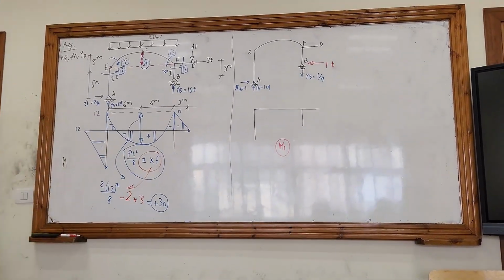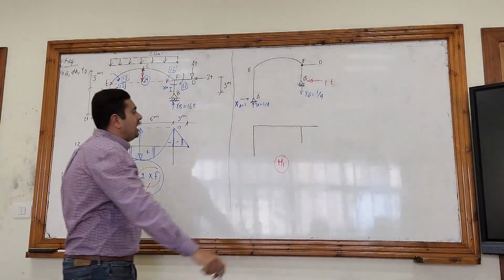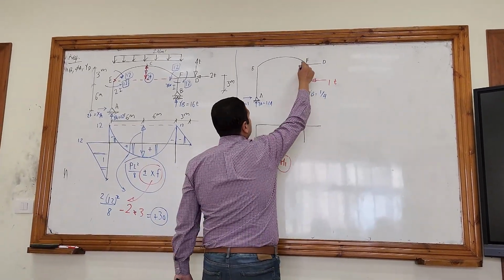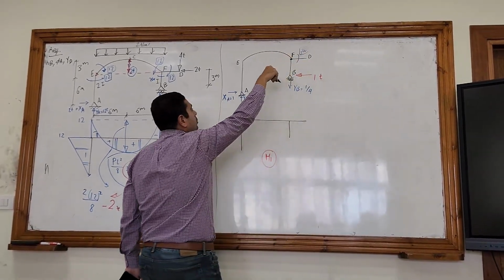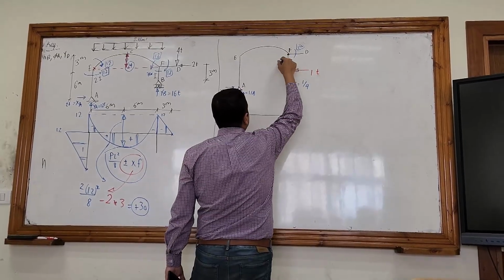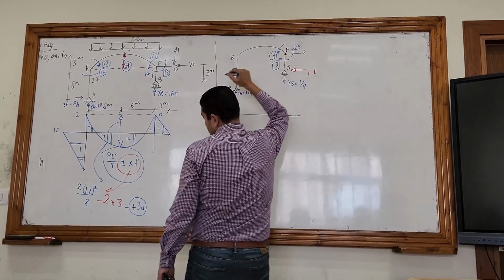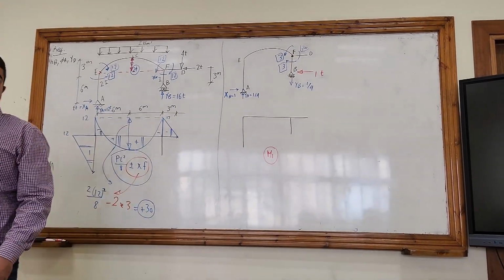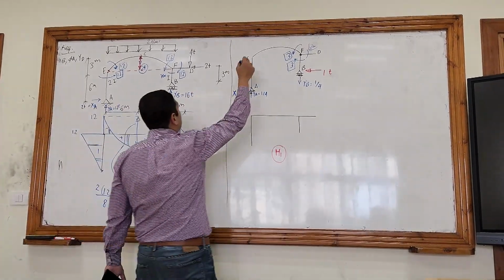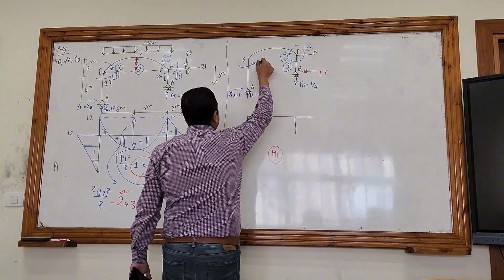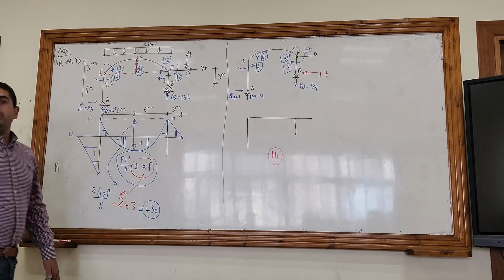Okay, let's calculate the moment at the joints. The joint F, the moment from FD, nothing. From down, it will be 1 times 3, which is equal to 3. So the other side has to be 3 as well. What about the joint at E? E from down will be 1 times 6, 6. So the other direction has to be also 6 in the opposite direction.